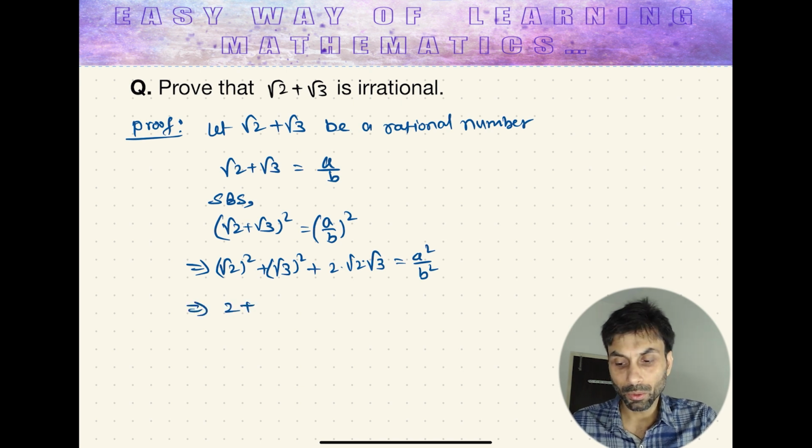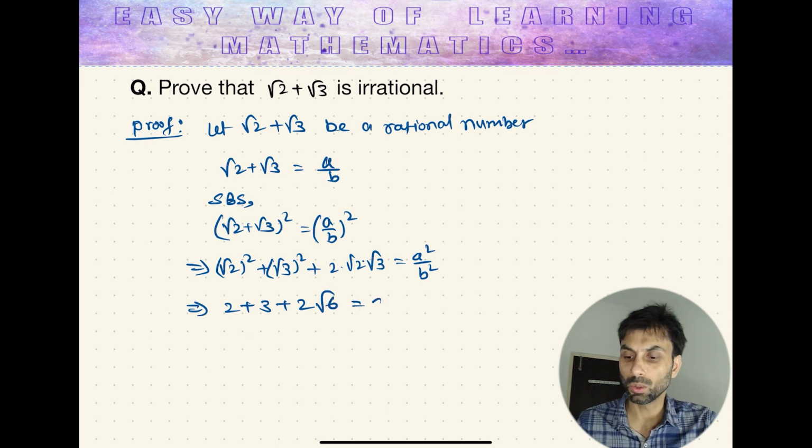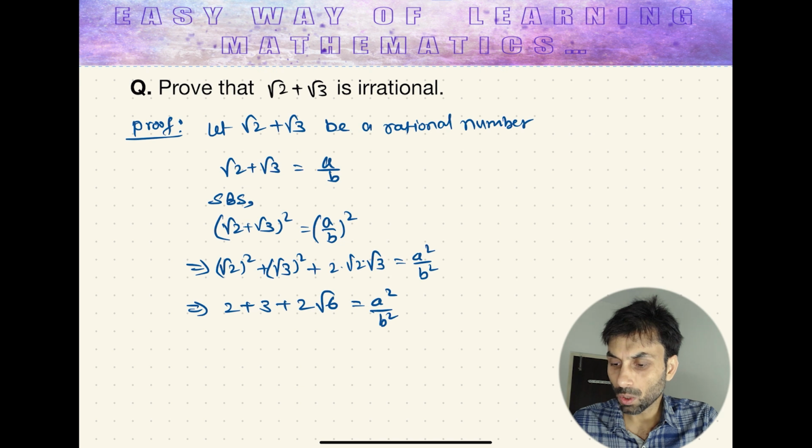Root 2 square will be 2, root 3 square will be 3, and you know that root 2 into root 3 is root 2 into 3, which will be root 6, which is a square upon b square. Now this will become 5 plus 2 root 6 equals a square upon b square.